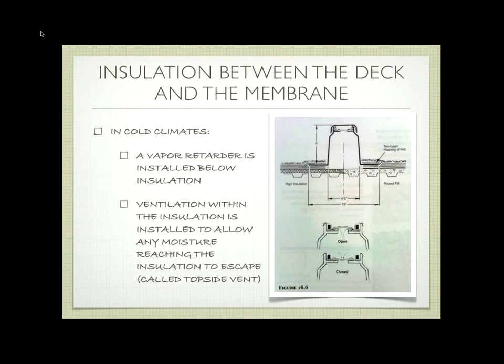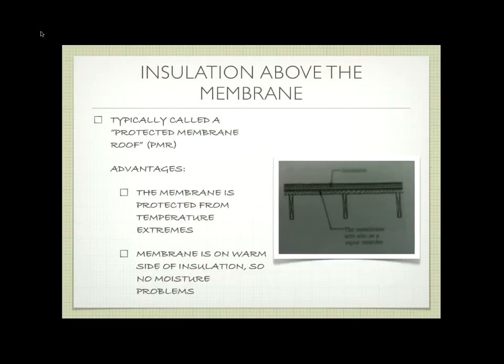But we can have condensation that occurs, and so we need a way to get that out. So we have to install these special vents that, depending on the condition, whether it's hotter or colder, will allow the moisture in but not out. It's kind of a specialized case. I'm not that worried that you understand it. Just be aware that this requires some special venting.